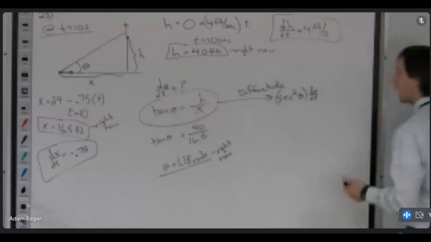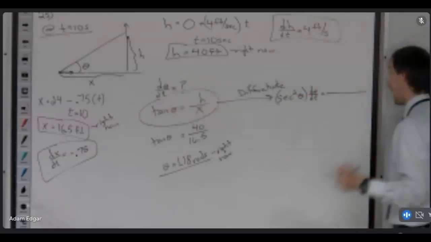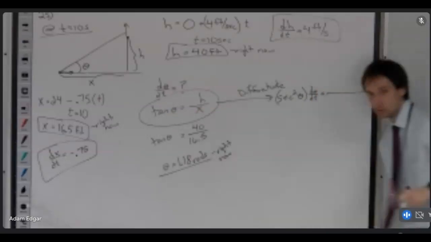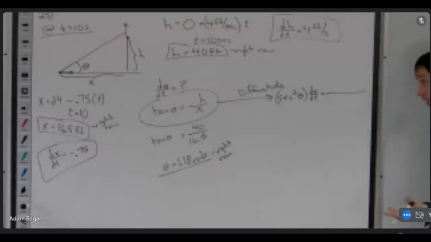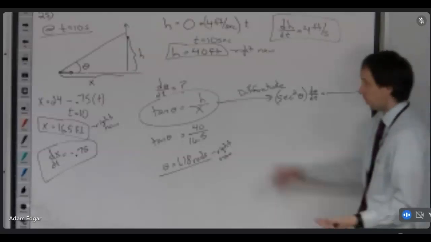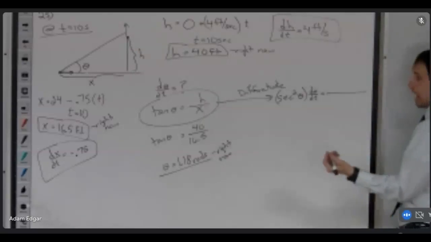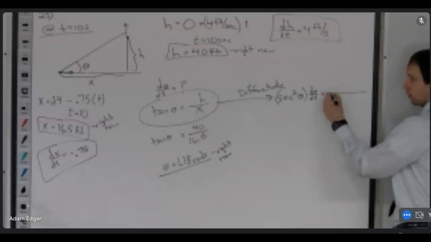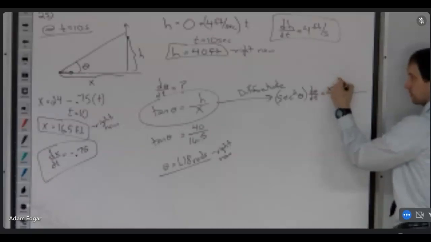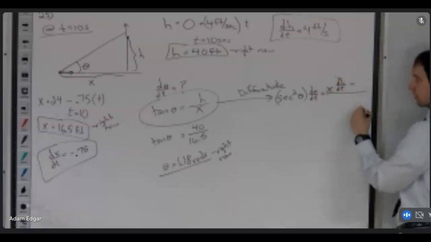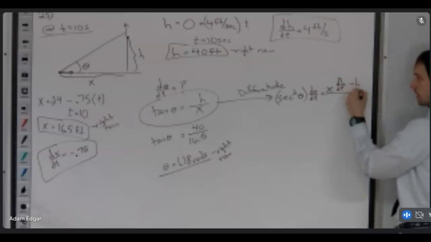And then over here, what do we have to do with h over x? Quotient rule, because it's a quotient of two variables. Both of these are variables, so you have to do your quotient rule. Low d high, low is x, d high is dh dt, minus high d low, high is h, d low is dx dt, over low squared, x squared.